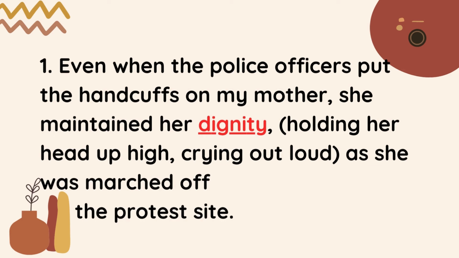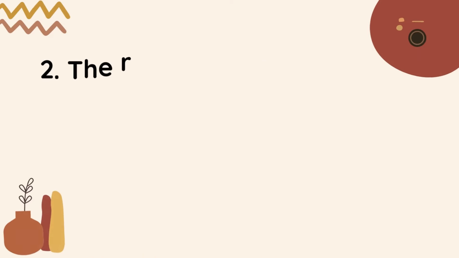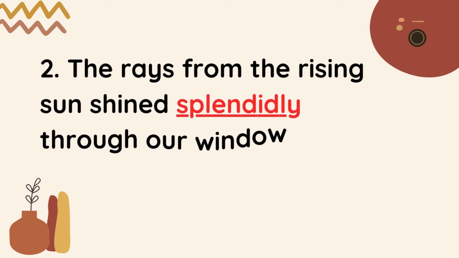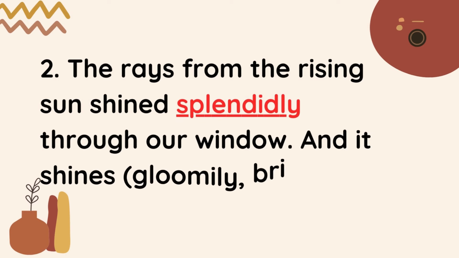The choices are holding her head up high or crying out loud as she was marched off the protest site. Number 2, the rays from the rising sun shine splendidly through our window, and it shines blank, gloomily, or brightly.